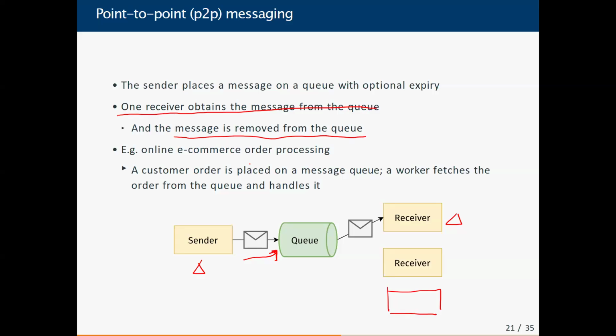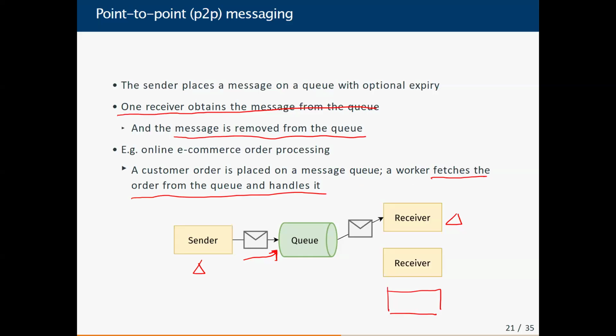Here it gives you an example like online e-commerce order processing. Every time you buy something, you put an order in the website, and then someone will fetch the order and process it, right? And after someone processes your order, it will disappear, right? The state will change. It will disappear from the orders that haven't been processed yet.